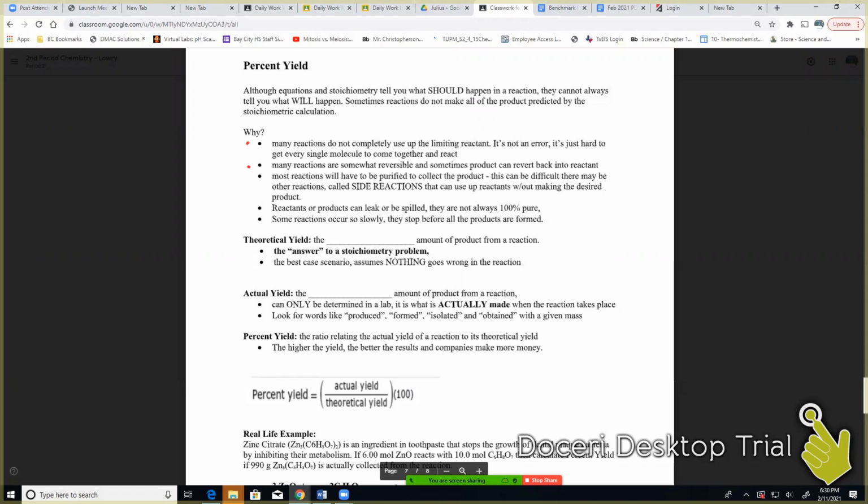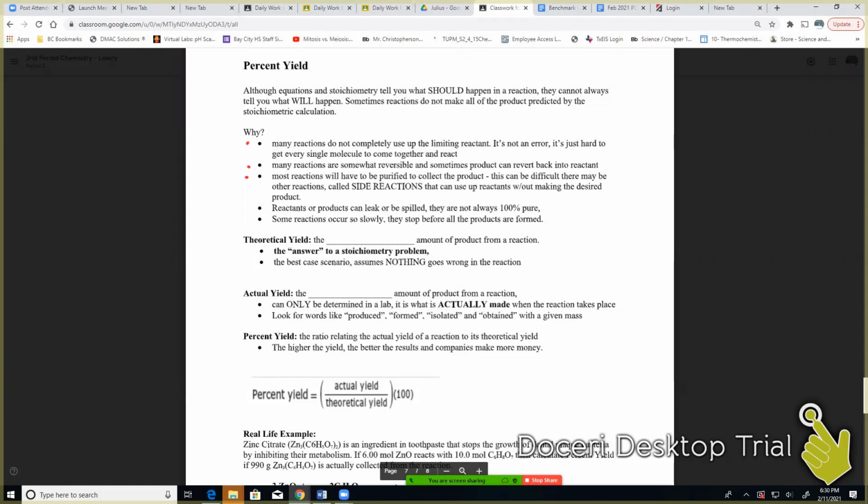Reactions are oftentimes reversible, so if a lot of product builds up, that causes the reaction to reverse, and it goes back to the reactant. Most reactions would have to be purified to collect the product.